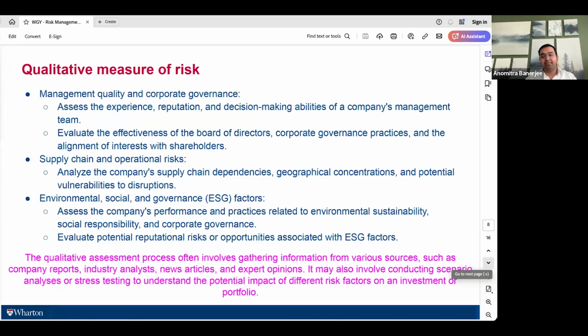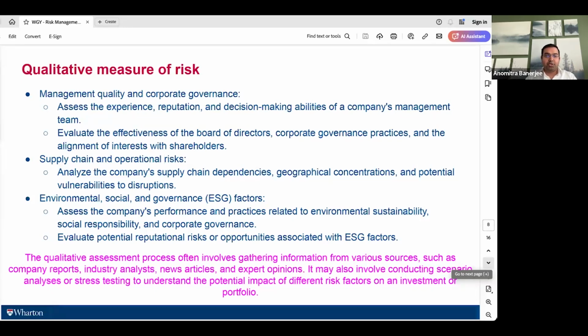You have to also understand if the board of directors and the management team is working to uphold the interests of the shareholders, right? Because at the end of the day, as a shareholder, you are one of the owners of the company, right? And that's why you also have a say.